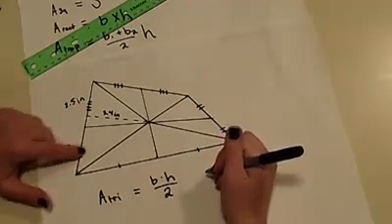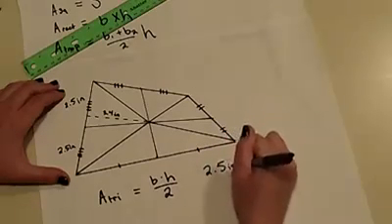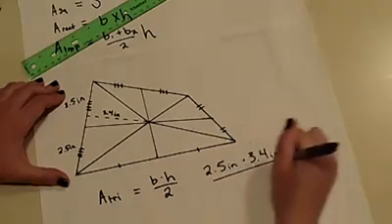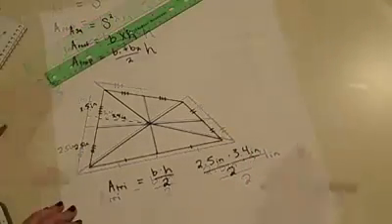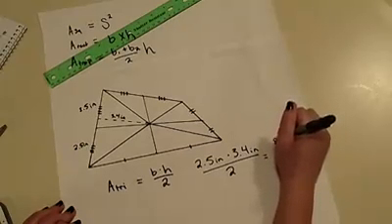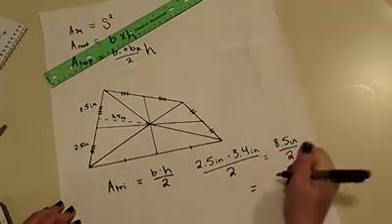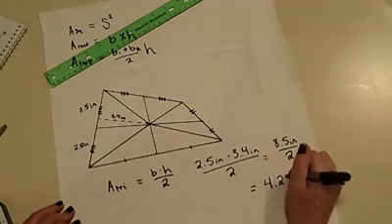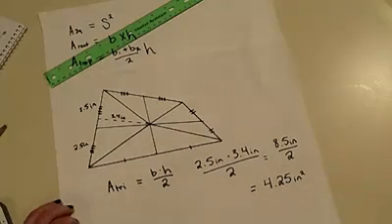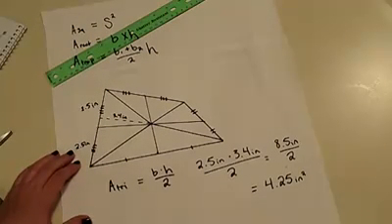So the area of these 2 triangles is 2.5 inches times 3.4 inches divided by 2. 2.5 times 3.4 is equal to 8.5, divided by 2 is equal to 4.25 inches squared, which is the area of both of these 2 triangles because they have the same base and the same height.